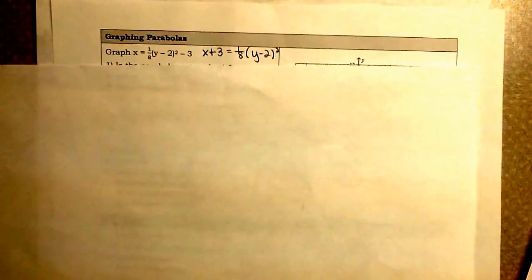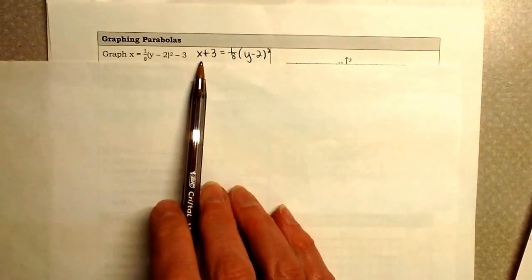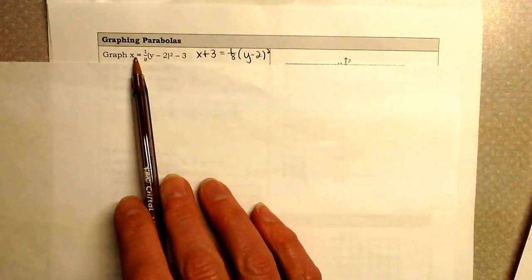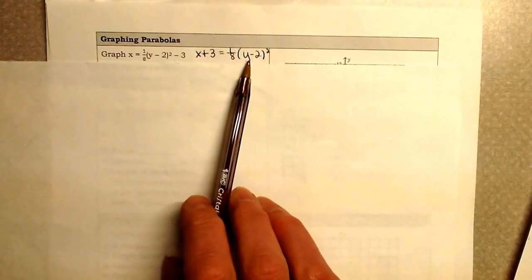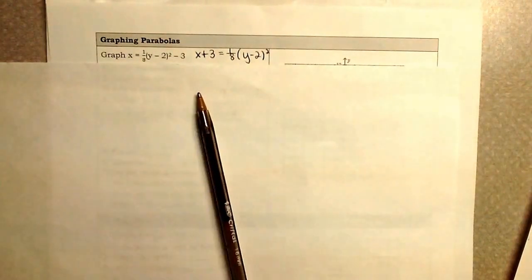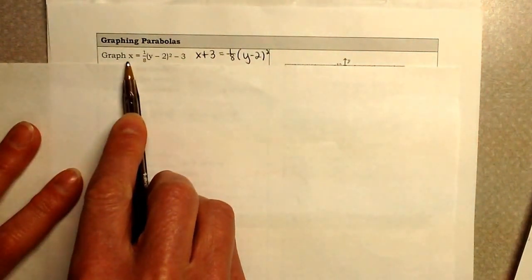All right, so we're going to graph a parabola. This is the one that we have to graph, and I wrote it in both forms. I have it with just x equals, and then I brought the 3 over here, so it's x plus 3 equals 1 over y minus 2 squared. This parabola has x equals.